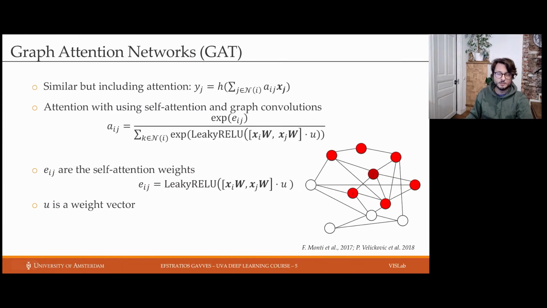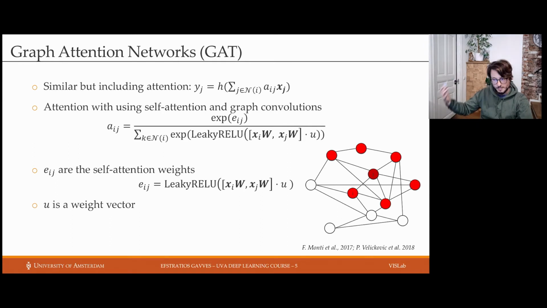Graph attention networks have basically a similar idea. The problem with the graph convolutional neural networks is that because of the permutation invariance, for the graph we don't really care about the order of the nodes in the matrix. We're going to have a different matrix for every different ordering, but effectively it's the same graph, so they're all equivalent.